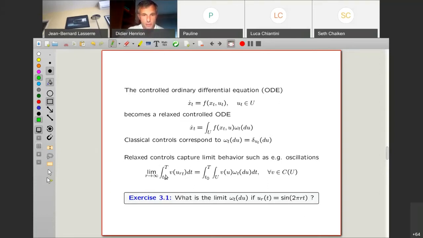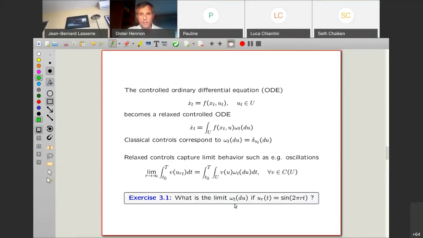In the sense that it will give sound meaning to limits of this kind, so time integration of a function of the control, this control being indexed by an integer r, and this corresponds to these minimizing sequences, so increasingly fast oscillating functions with bounded values. This gives a meaning to this when r tends to infinity, so the speed of oscillations, via this integral for all test functions.